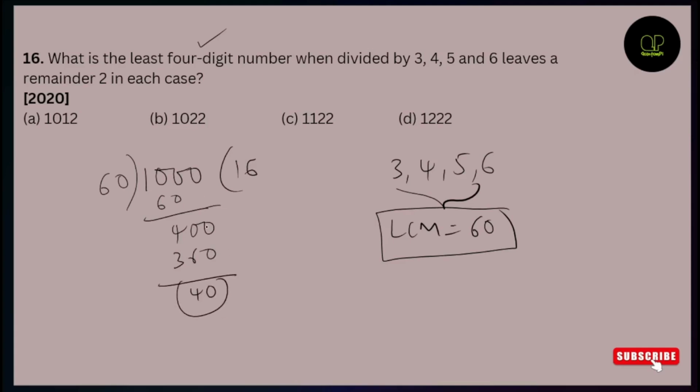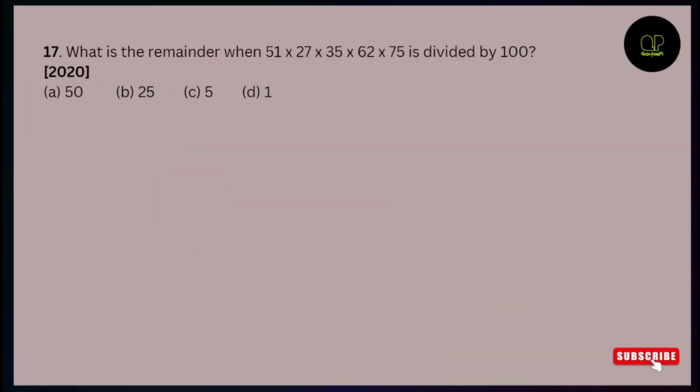For this to be divisible, I can subtract 40, but if I subtract 40 from 1000, this becomes a 3-digit number, so better I add 20, so that it is exactly divisible by 60. So your number would be 1020, and this has to leave a remainder 2, so let us add that remainder to it. So 1022 is your answer.